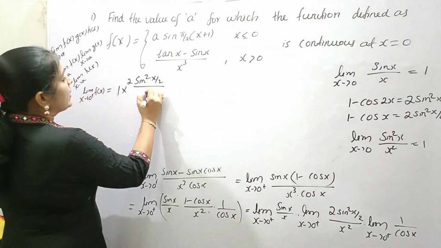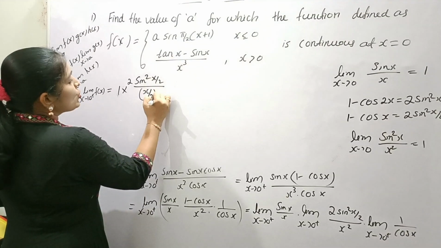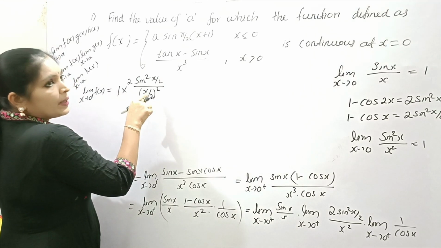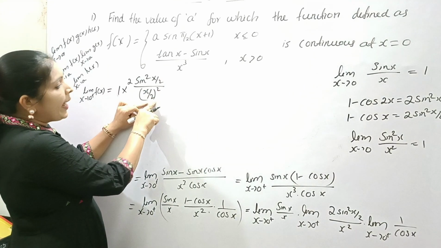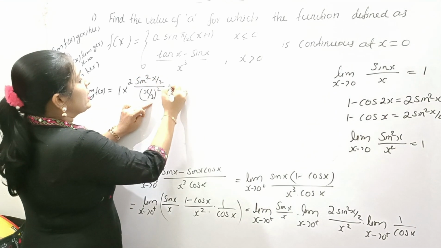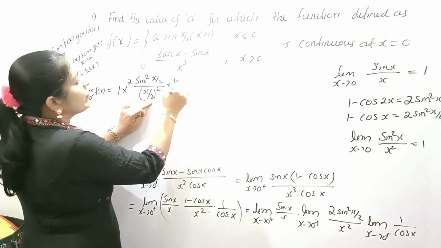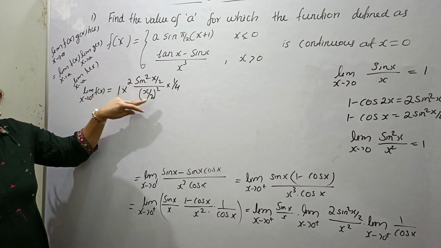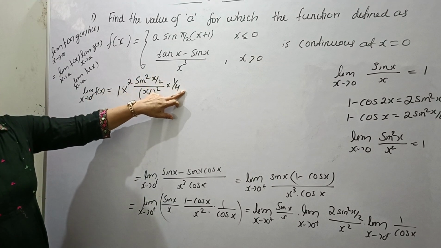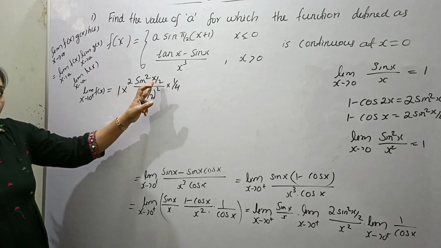X square is there, right? So x by 2 whole square means we have here multiplied 1 by 4, right? In denominator we have multiplied 1 by 4, so we have to multiply 1 by 4 in numerator.